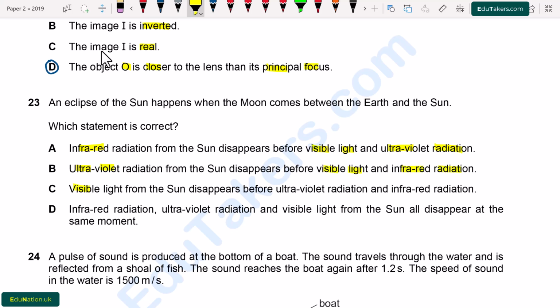Option C. Visible light from the sun disappears before the ultraviolet radiation and the infrared radiation. Option D. The infrared radiation, ultraviolet radiation and the visible light from the sun all disappear at the same time. So all of these radiations disappear at the same time. So option D is correct.